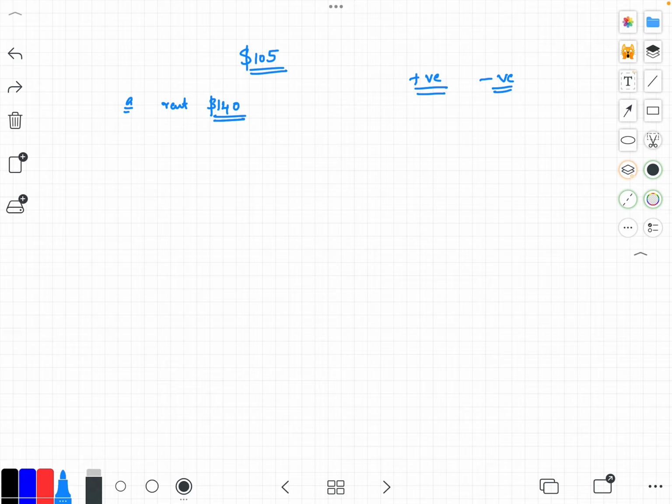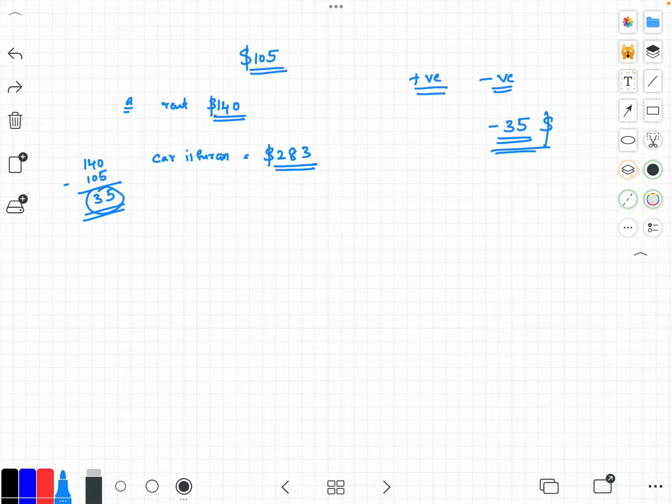So 140 is bigger than 105. So let's subtract this. So there is a negative balance of $35. 140, so he is less by $35. Now next, he had to pay car insurance of $283.